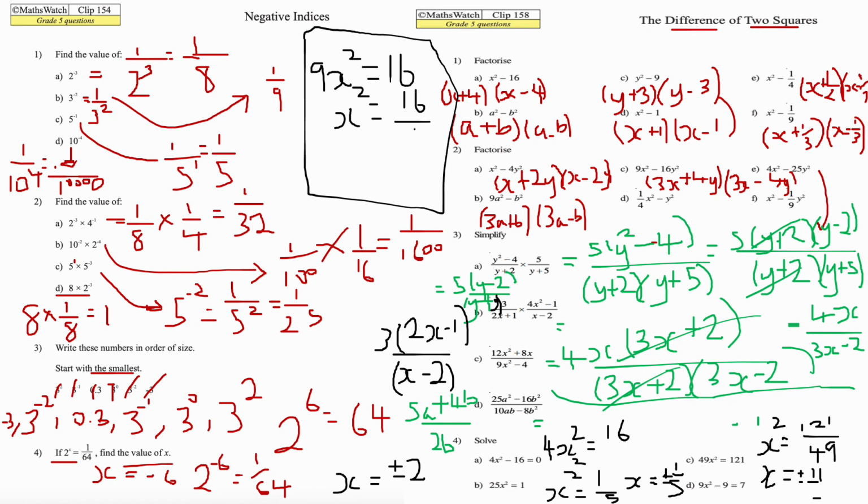Taking the plus and minus root, x is equal to plus or minus the square root of that, which is going to be plus or minus 4/3, because the square root of 16 is 4 and the square root of 9 is 3. And we keep the fraction the same, so plus or minus 4/3 for that question. And that's how we solve quadratics involving the difference of two squares.